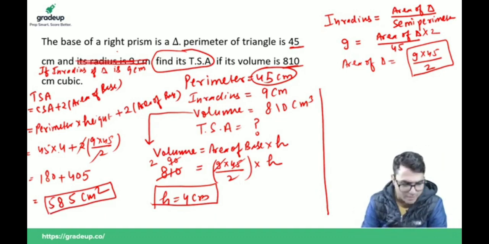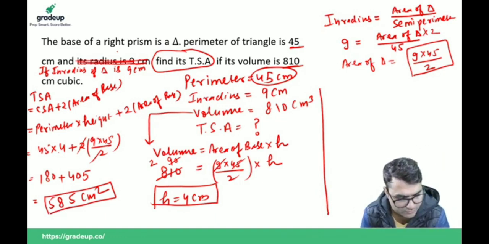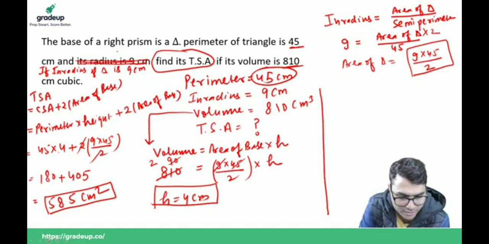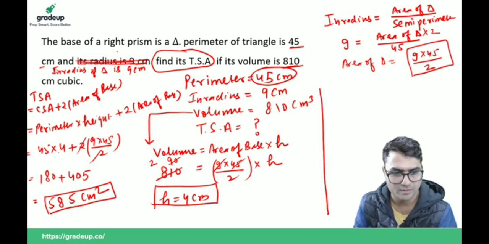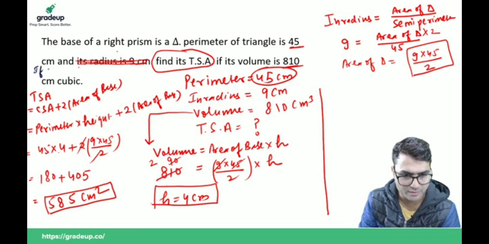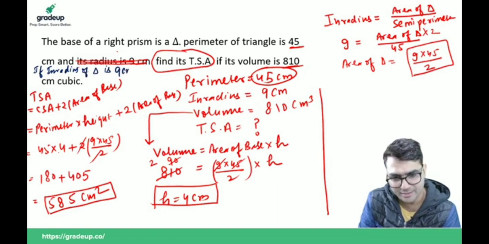Okay, is it clear to all of you? Yes, Suprabha, is this clear? This is the in radius of the circle. I will write this by the black pen. There is a correction in this question. If in radius of triangle is 9 centimeter.